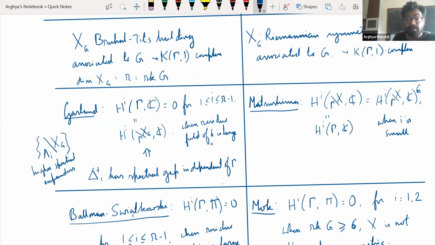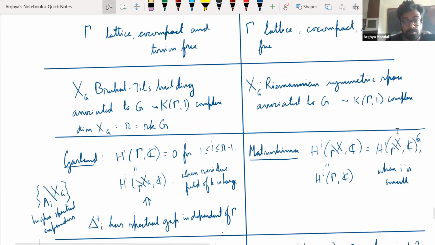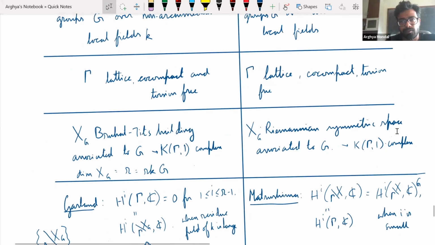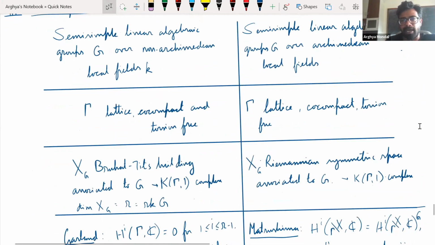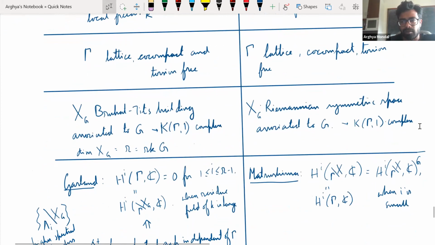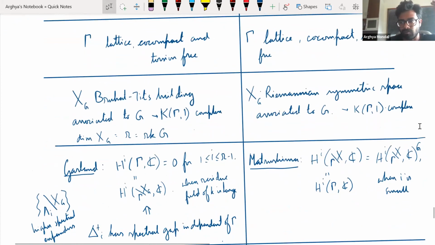And his result was in fact inspired by a result on the Archimedean side. On the Archimedean side, you can just look at semi-simple linear algebraic groups over some Archimedean local field, which means let's say R or C. And then these guys act on Riemannian symmetric spaces, which will give you K(gamma, 1) complexes for co-compact torsion-free lattices.